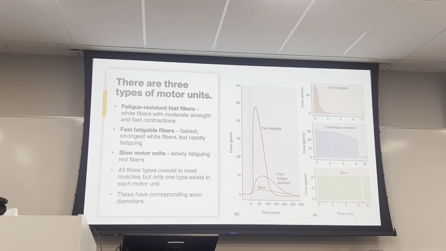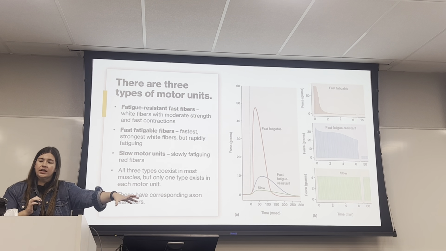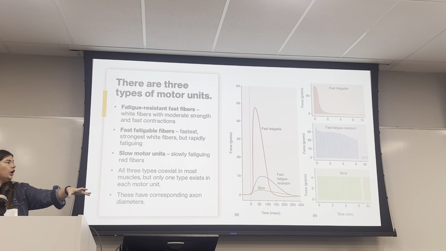The other thing that's really interesting is that these have corresponding axons that respond to them. What I mean by that is our slow muscles are innervated by slow neurons. And these slow neurons are going to be generating paced but not so fast action potentials.